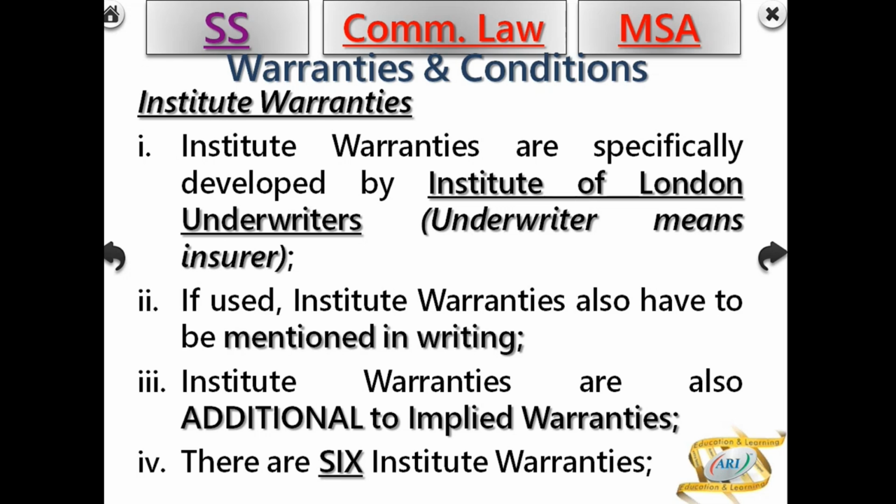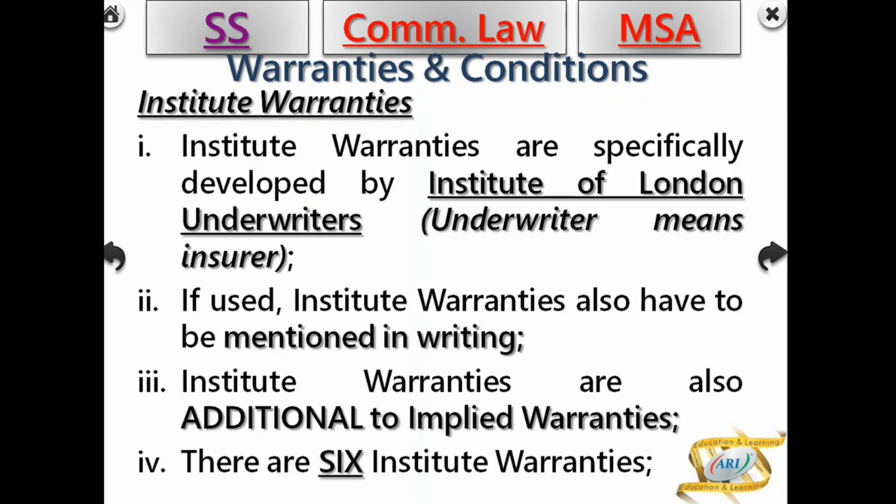Implied warranties plus only institute warranties, or implied warranties plus some express warranties plus some of these institute warranties. They are all additional. Because these are additional promises, they again have to be in writing in the marine insurance policy document. Following institute warranties shall apply.